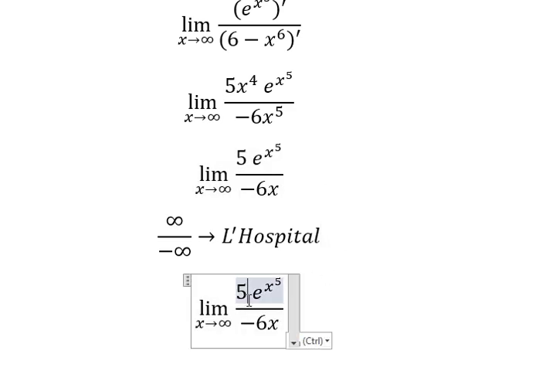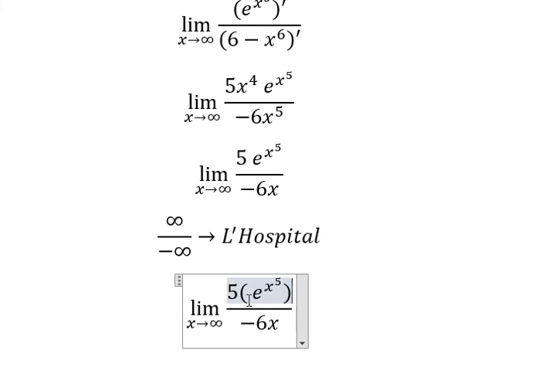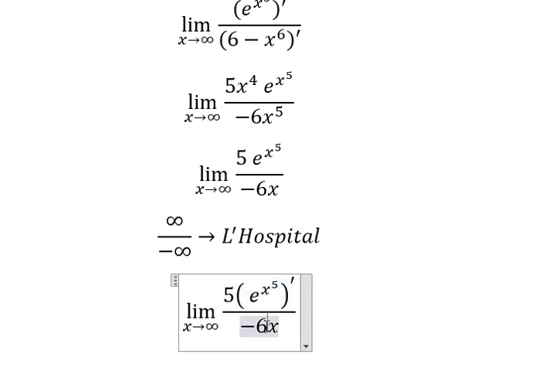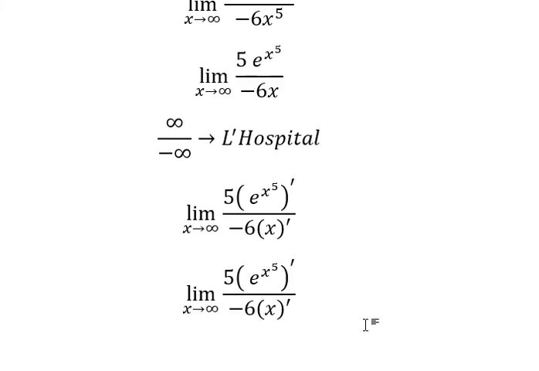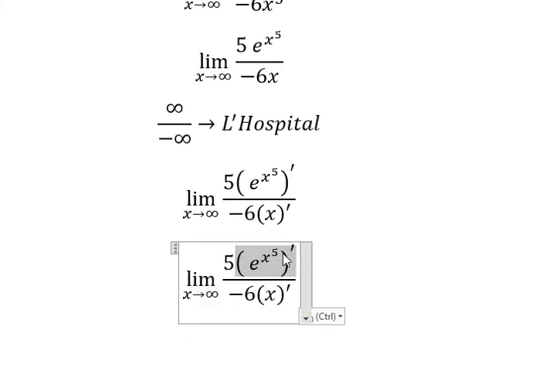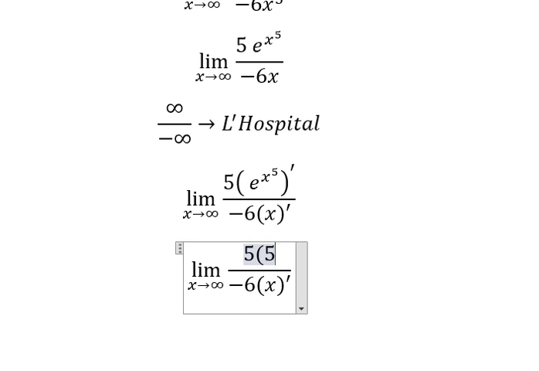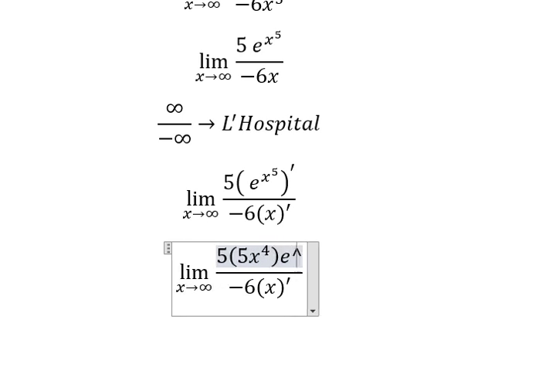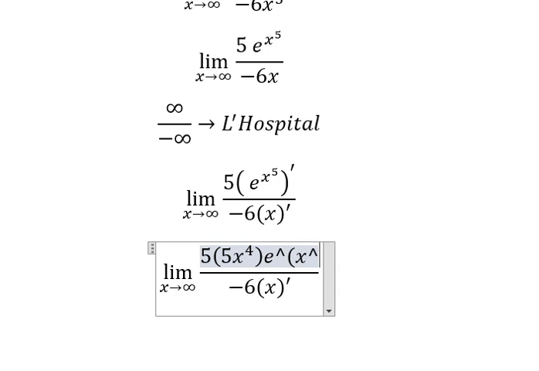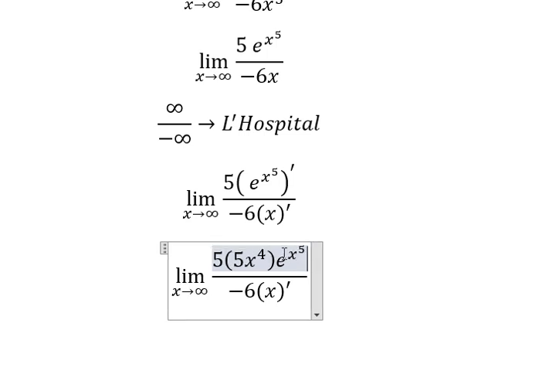That means we need to do the first derivative on the numerator and denominator. So this one we have 5s to the power of 4 e to the power of s to the power of 5.